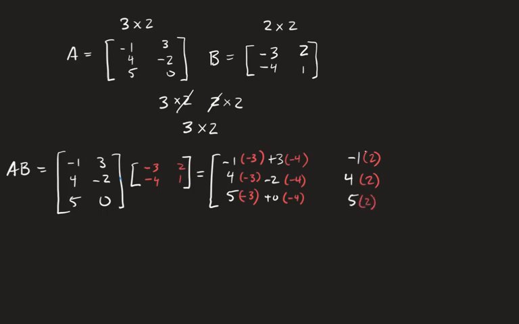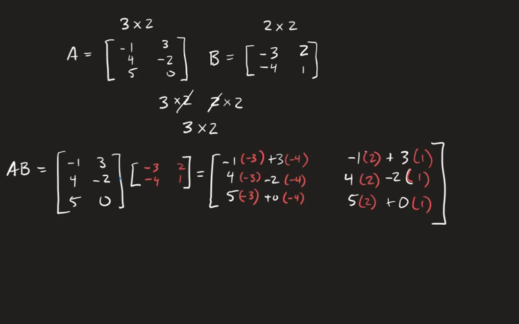The next one is also plus 3 times 1, plus -2 times 1, and then plus 0 times 1. So we're multiplying everything by the second row, second column.